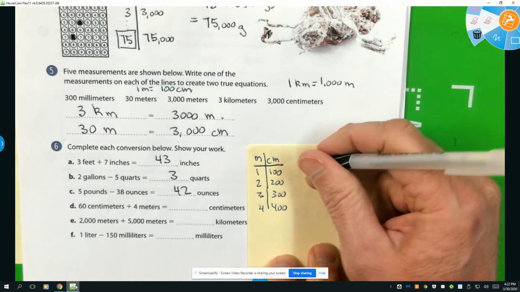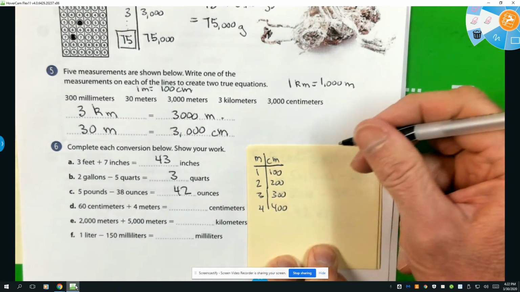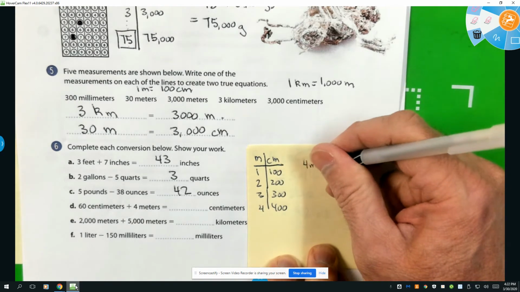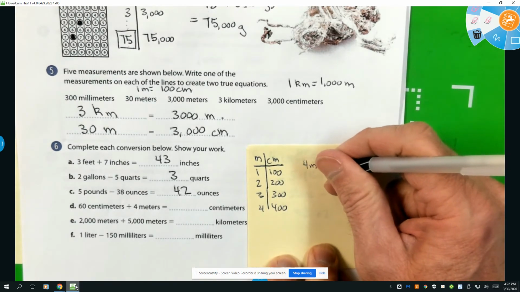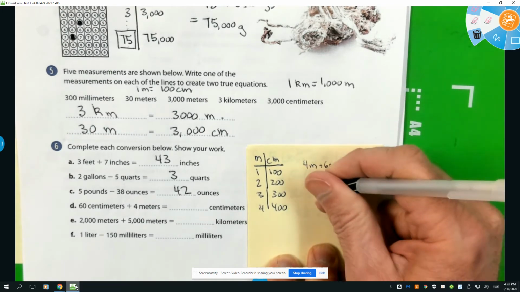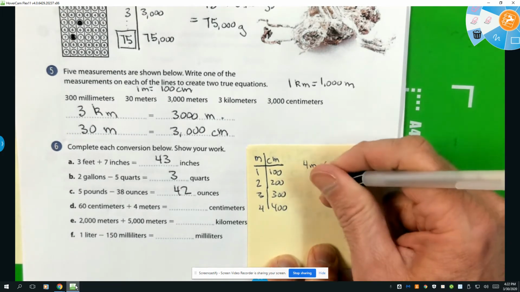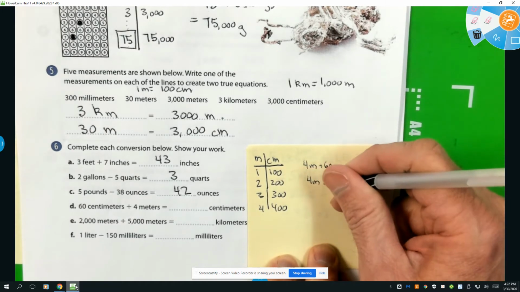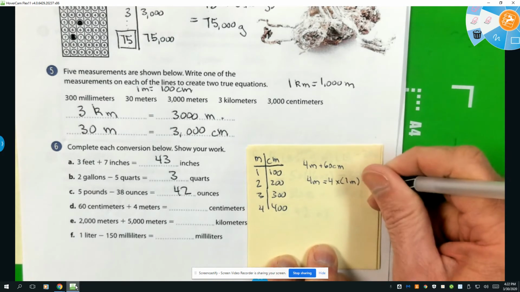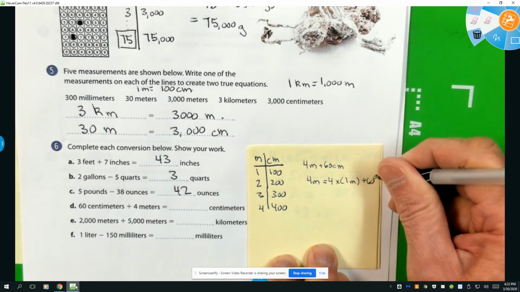Or we could do it this way, which is going to be, okay, 4 meters plus 60 centimeters is the same as saying 4 meters equals 4 times 1 meter plus 60 centimeters.